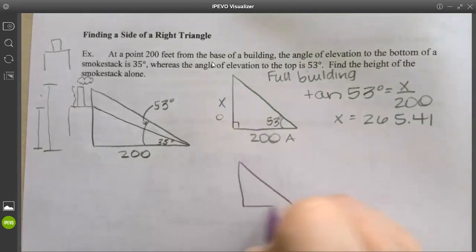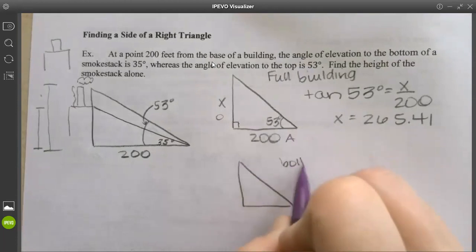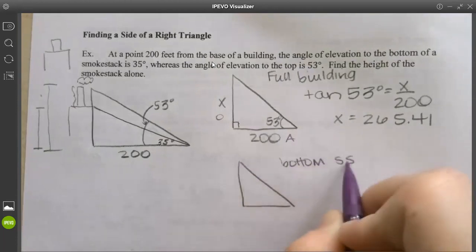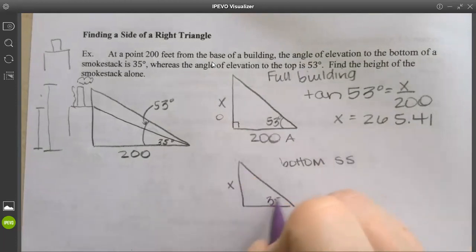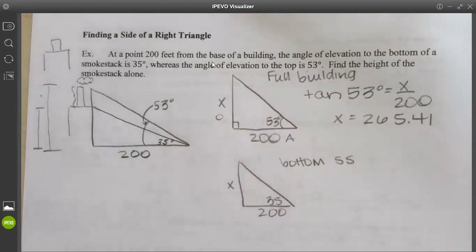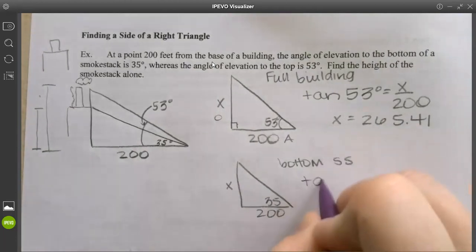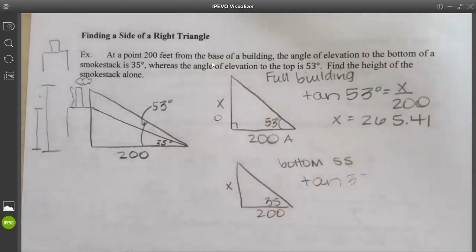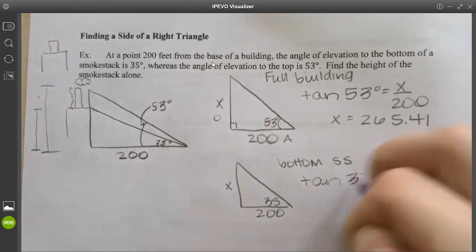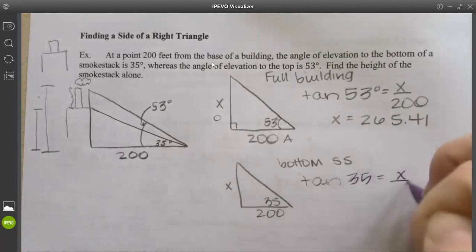Doing the same thing for the bottom of the smokestack. We have x, but this time we have 35 and 200. So how does that change the formula? Yep, so the only thing different is it's tan 35 equals x over 200.